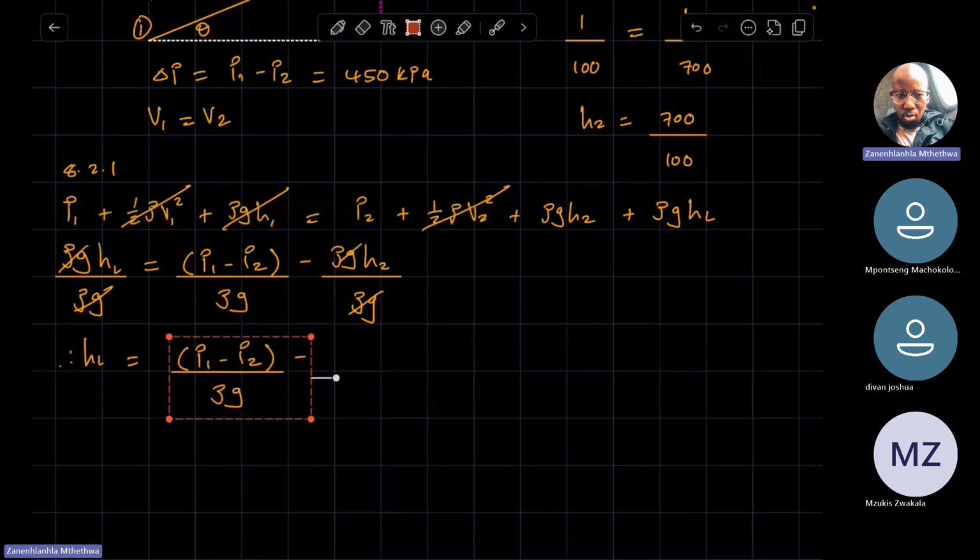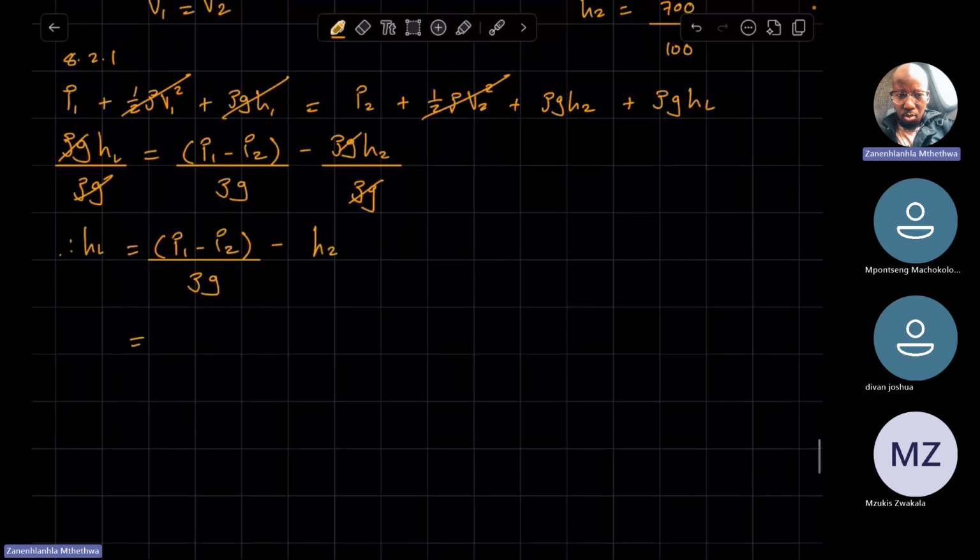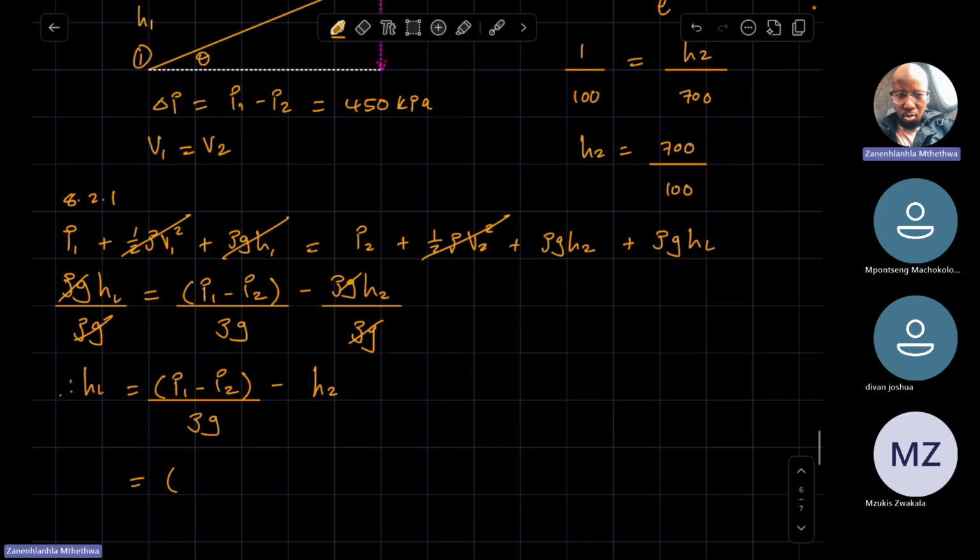this minus H2, right? Now you can just substitute. So substituting P1 minus P2, remember we had already established that that is equal to the 450 kilopascals.